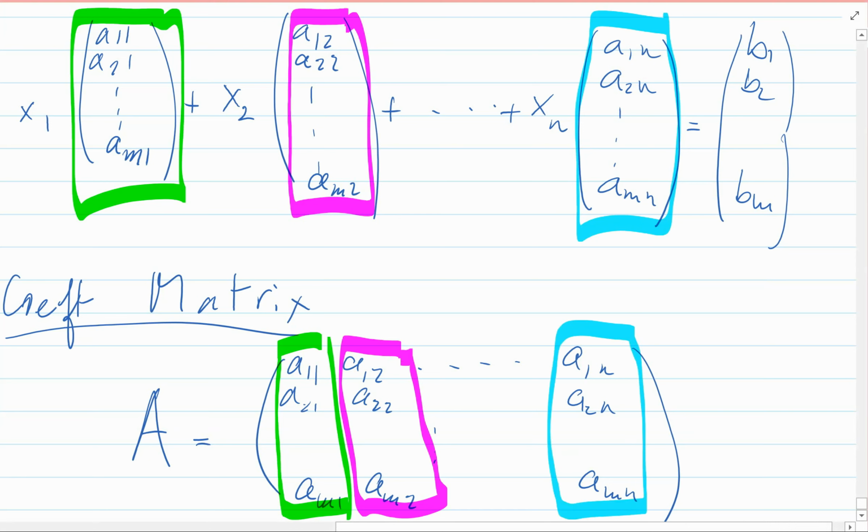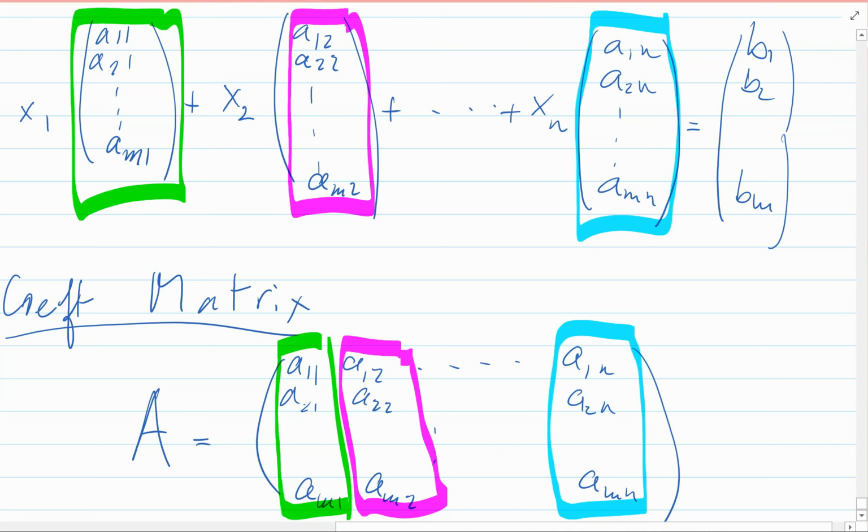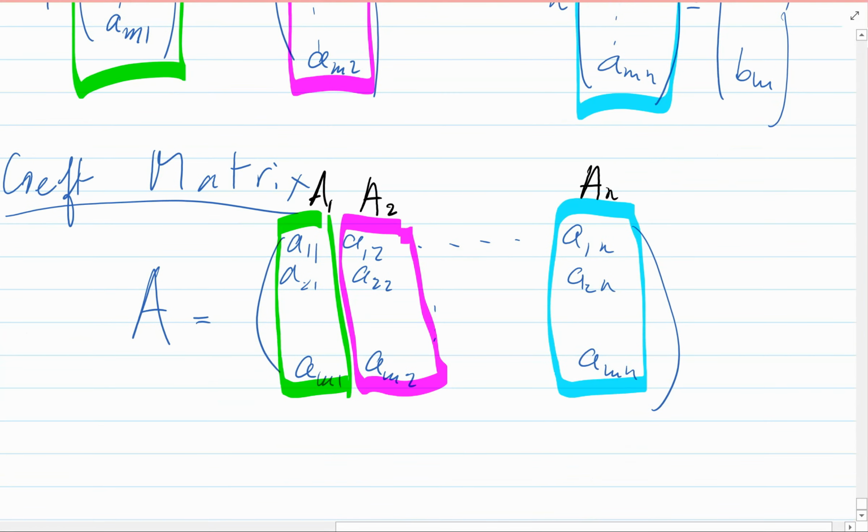So what you see there are the column vectors of the matrix A. So we call this one A1, this is A2, An. These are the column vectors of the coefficient matrix A.